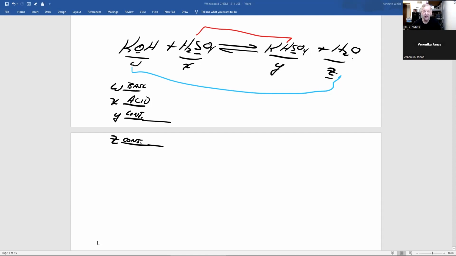And if we look at this, now it's my turn. Y goes to X. Y has 1 hydrogen, X has 2. Has it accepted or donated a hydrogen proton? And the answer is it accepted it. And a proton acceptor is a base, and because it's on the right side, it's the conjugate base.